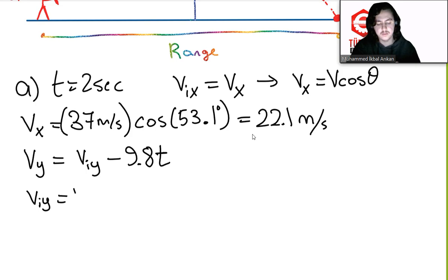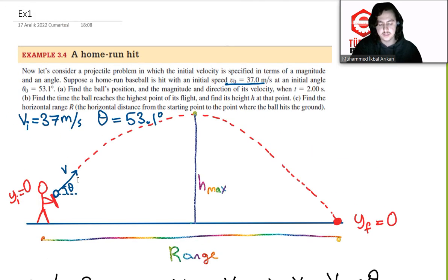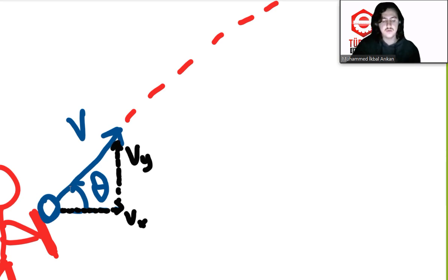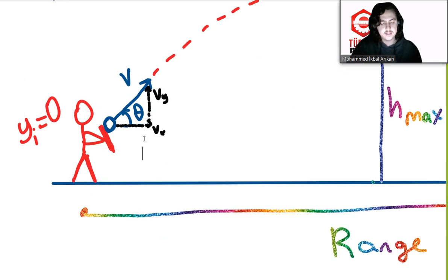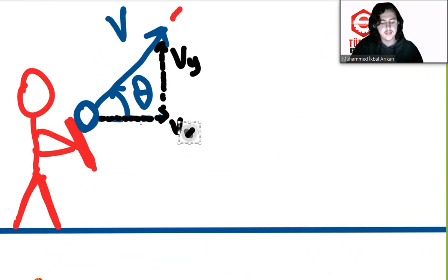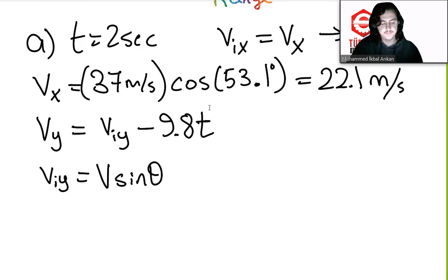So now I will use v sine theta to give me the component of the velocity at this point. Let's zoom. So this is Vx and this one is Vy. So I'm asking for Vy. Since it is opposite to the angle theta, I will use sine. And since the x is adjacent, I will use cosine.